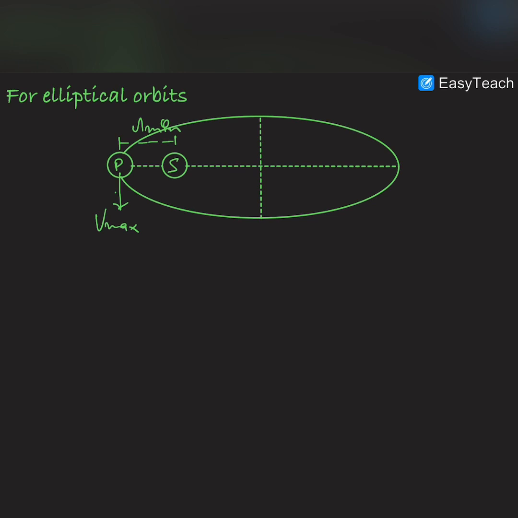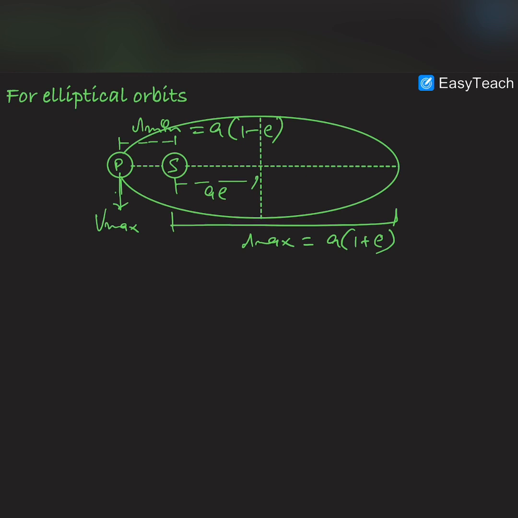Now let us analyze the energy of satellite in an elliptical orbit. So we have already discussed previously that this distance is r minimum, and this distance is r maximum. r minimum is a into 1 minus e, and r maximum is a into 1 plus e.